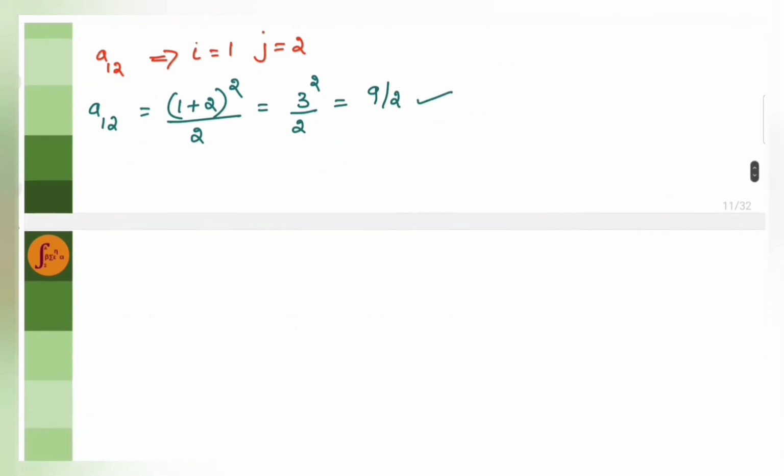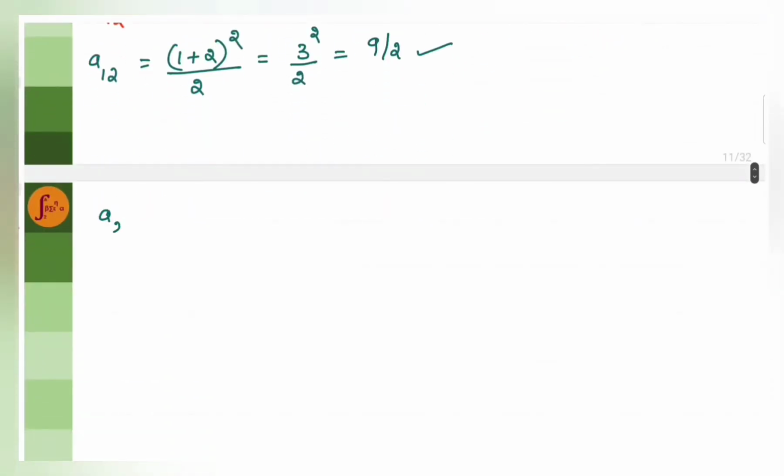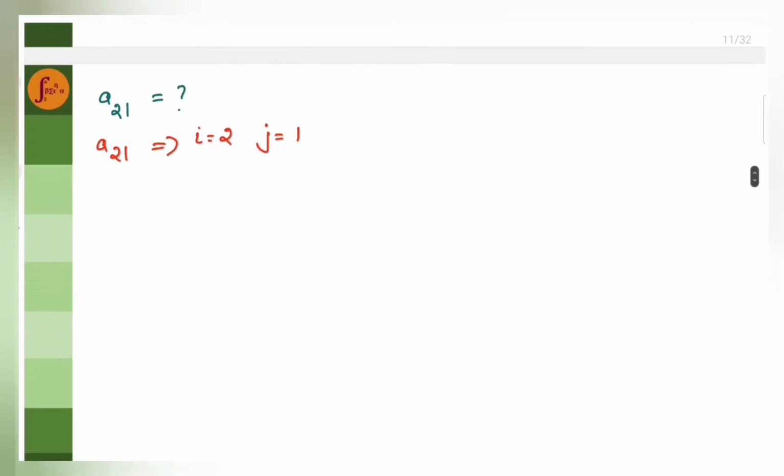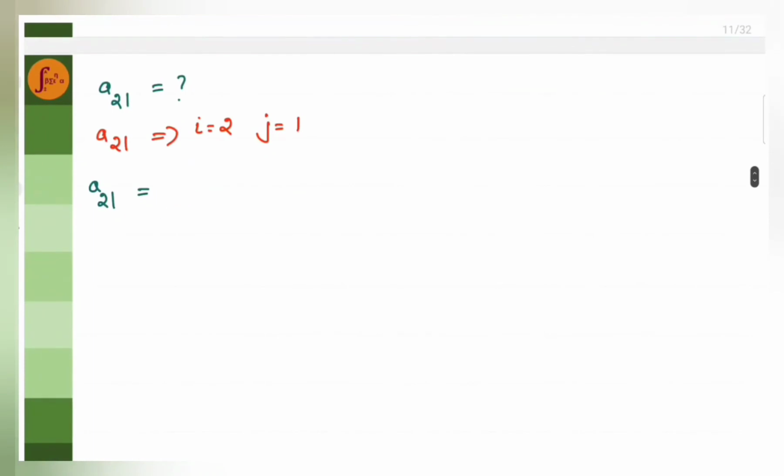Now we'll find the third element. The third element is this one, A21. What is A21? A21 means I is equal to 2 and j is equal to 1. So we'll get A21 is equal to I plus j the whole square by 2. I is 2, j is 1. That is nothing but 3 square by 2, which is again 9 by 2.